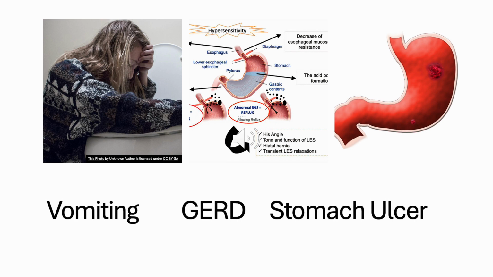Two problems that the digestive system can have are vomiting and ulcer formation. Other problems include the movement of stomach contents back into the esophagus, known as gastric reflux, also known as GERD, abnormally slow movement of the contents through the intestinal tract, known as constipation, and abnormally fast movement of contents through the intestinal tract, known as diarrhea.